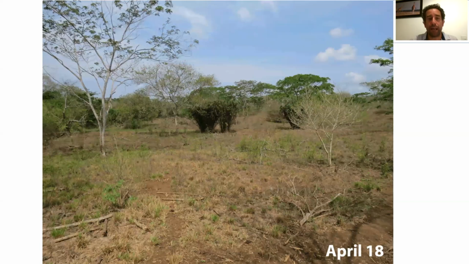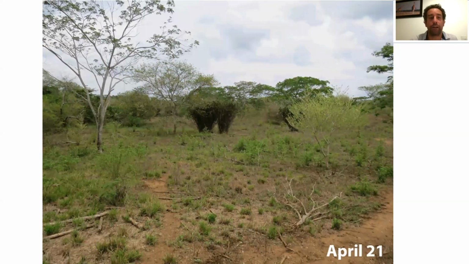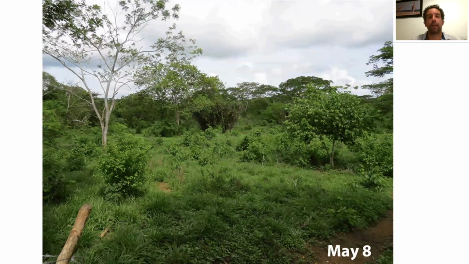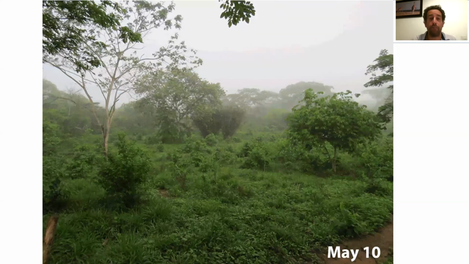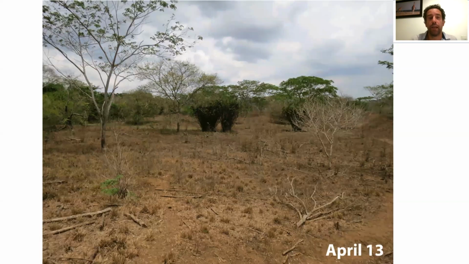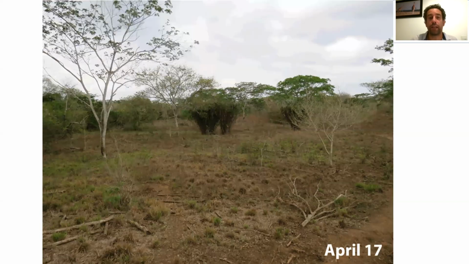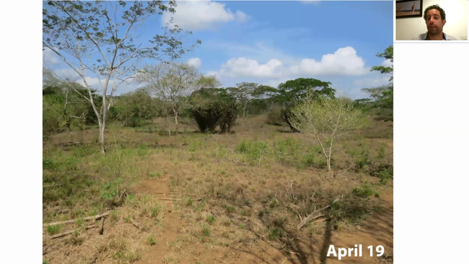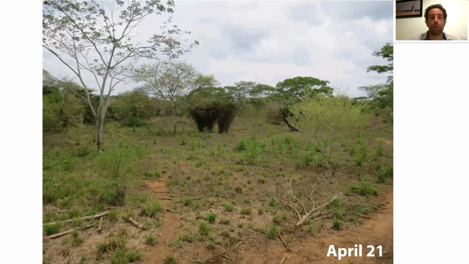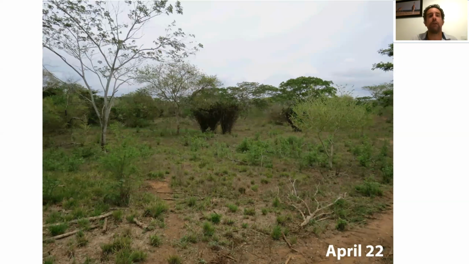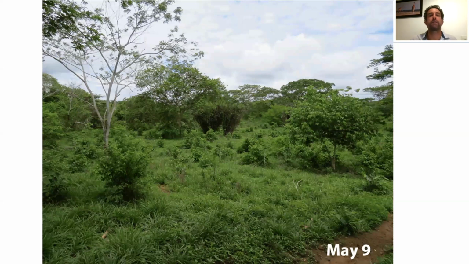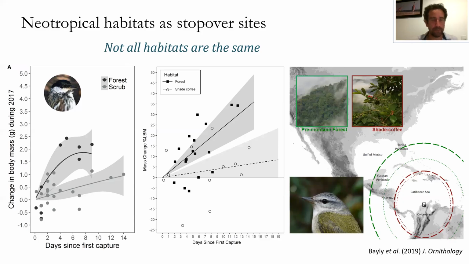So we see these habitats transform from dry, barren, leafless habitats to suddenly lush green habitats, much in the same way that temperate habitats do on the breeding grounds. So it seems birds are actually keying into these seasonal changes and these pulses of resources, which they can take advantage of for stopovers and to fuel these onward, long-distance flights.